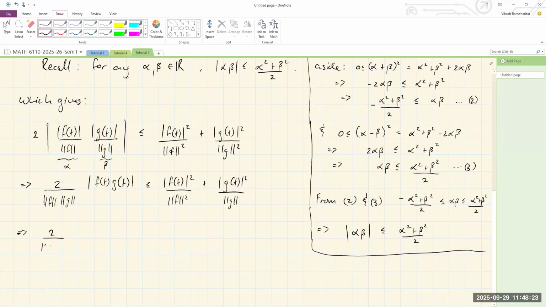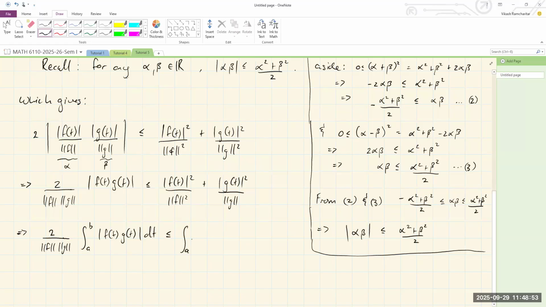Then I can integrate from a to b of modulus of f times g dt, which is less than or equal to the integral over the right-hand side. The right-hand side is a sum, and you know that the integral of a sum is the integral of each term.